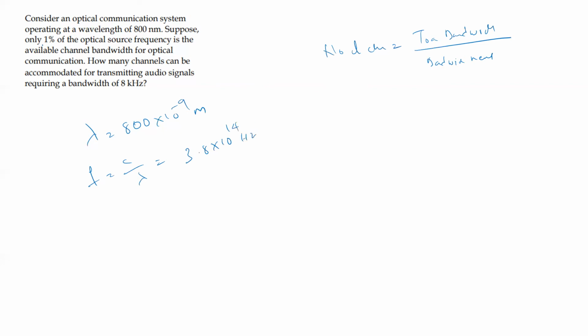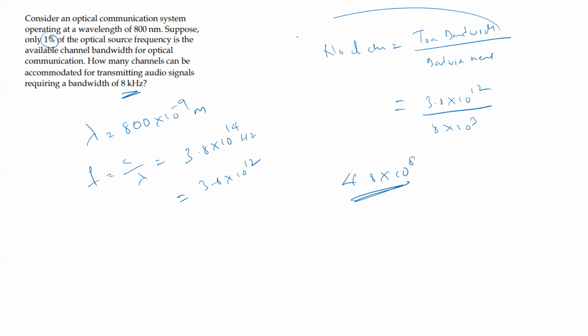Only 1% you take, and 1% means 3.8 into 10 power 12. This is the total bandwidth, 3.8 into 10 power 12. With what range do we require? With 8 kHz, so 8 into 10 power 3. Clear, you will get the number of channels, around 4.8 into 10 power 8. So this is a new concept. Remember this.